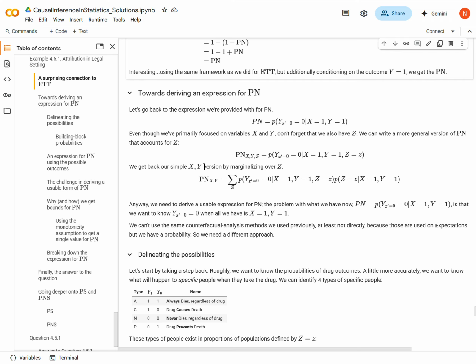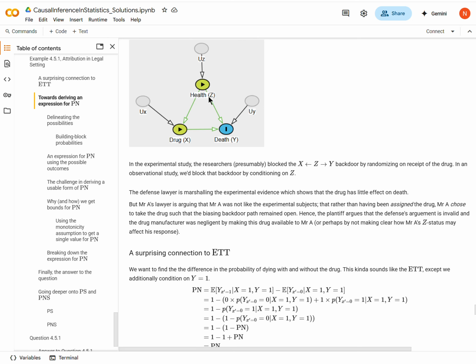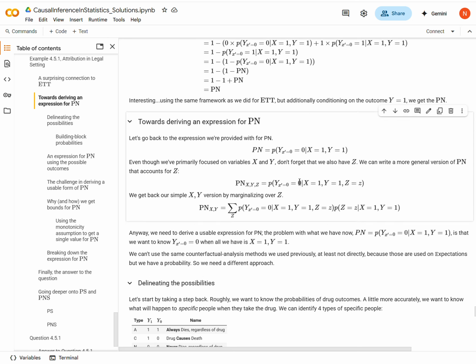So this is just another thing to put on the table. We're going to go back to our expression for probability of necessity right here. But notice that we have another variable that's floating around here, Z, or health status. So it seems conceivable that as we move forward, we'll also want to keep track of Z. And so we can rewrite probability of necessity like this.